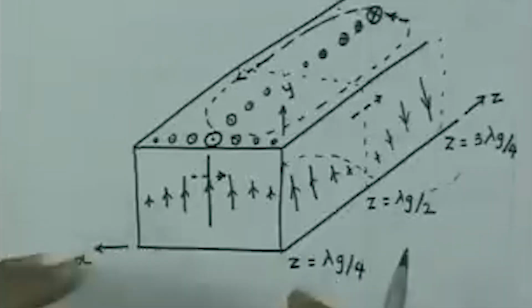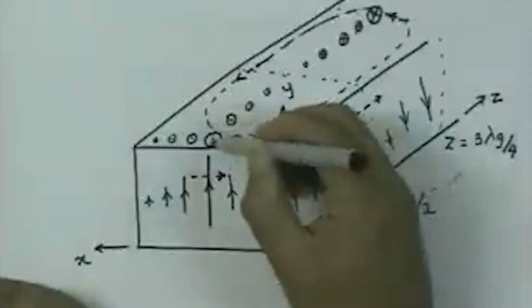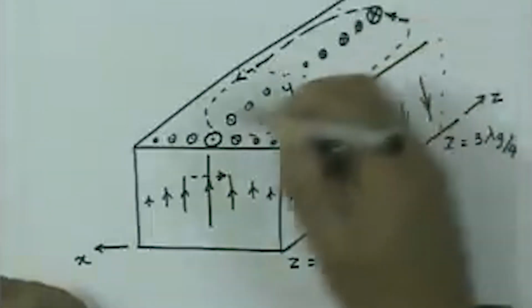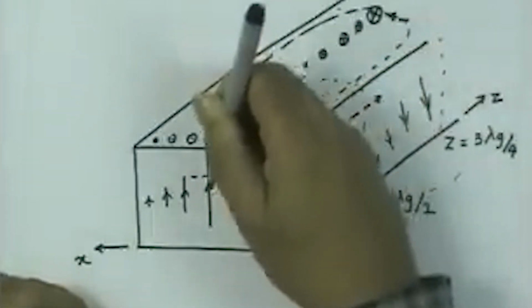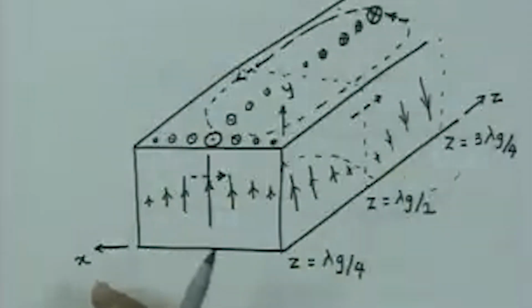So, if I have to excite this waveguide by the electric fields, what is called the voltage probe, then I must excite this waveguide by putting a voltage probe on this wall, broader wall, so that the electric field is excited, and that electric field will give me the excitation, which is TE10.